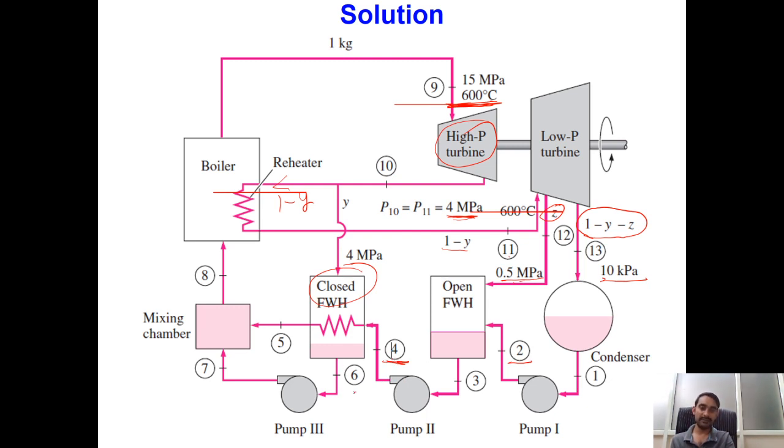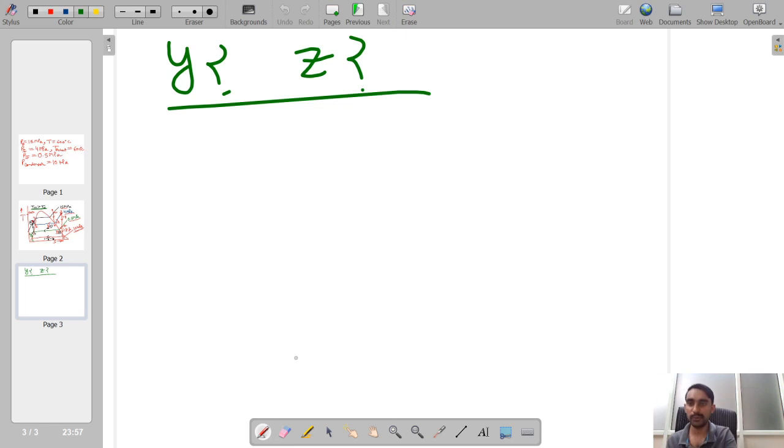These two then give us state number 6 and state number 5. So let me write this energy equation. First I am applying the energy balance.